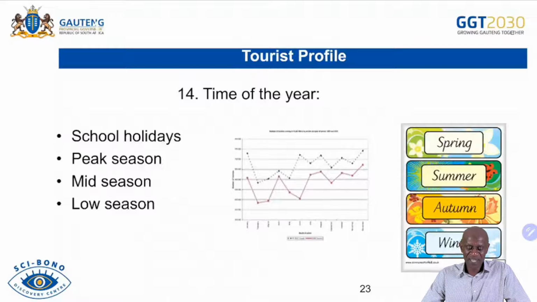Time of the year. The season of the year is also crucial when developing a tour plan. Is it during school holidays? Is it peak season? Is it mid-season or low season?